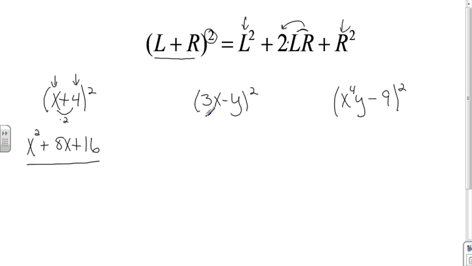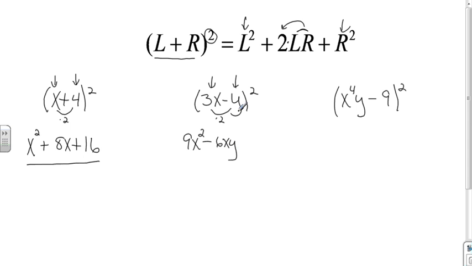So in this next example, we have that 3x is our left term, negative y is our right term. So when we square the left term, we're going to get 9x squared for squaring both the 3 and the x. And then when we do the left times the right, it's 3x times negative y, which is negative 3xy, times 2 is negative 6xy.